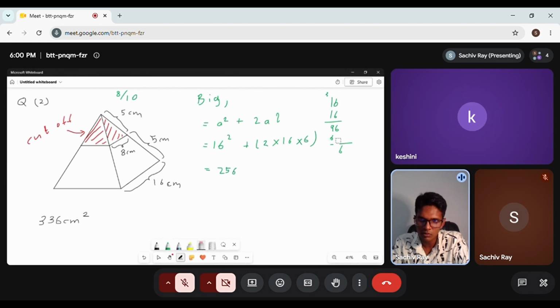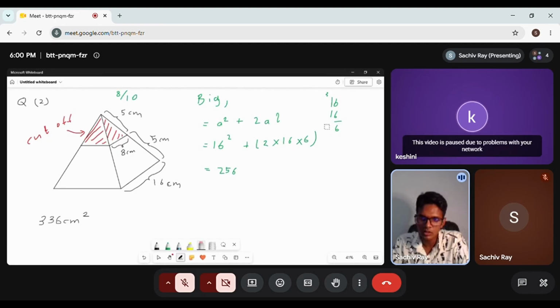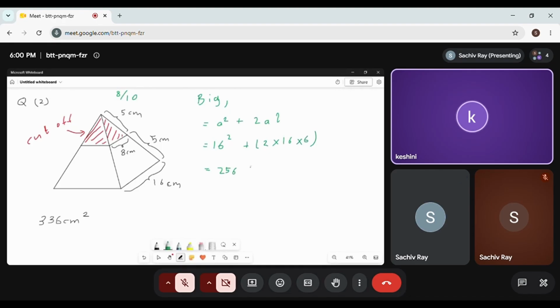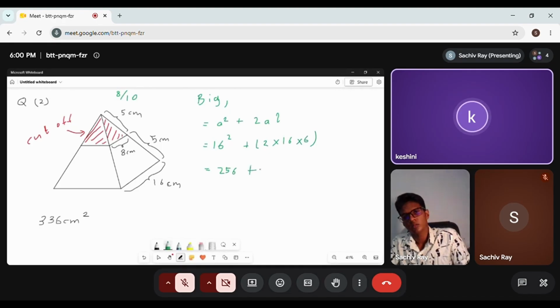And plus, how much is it when I simplify 2 times 16 times 6? 192.